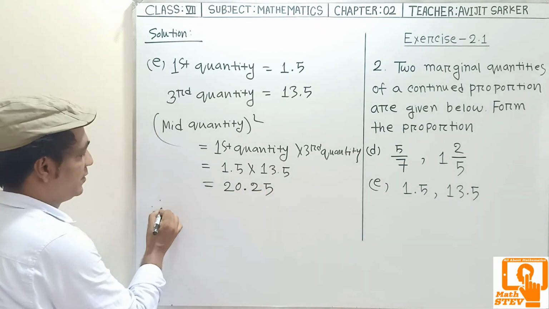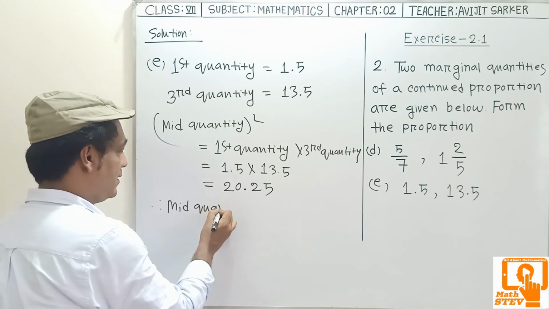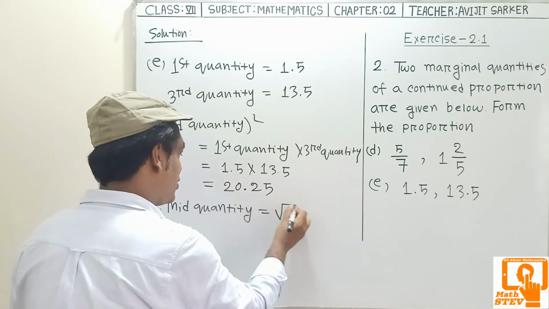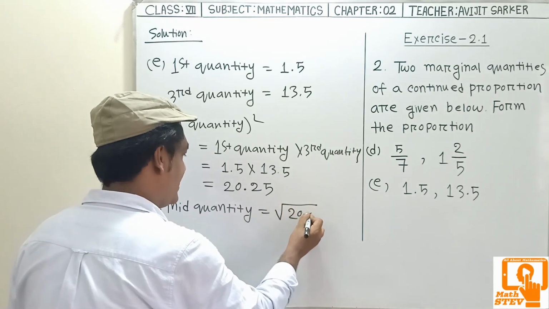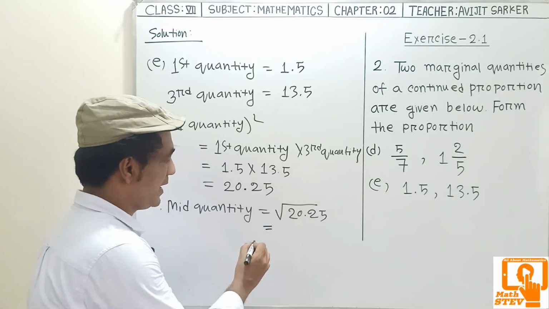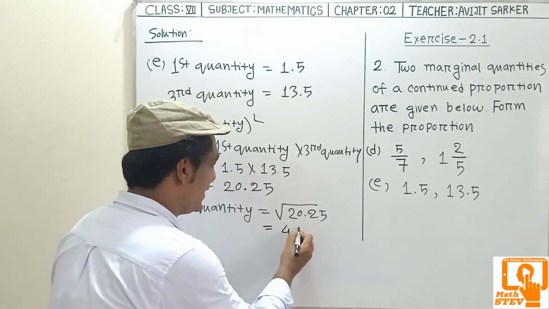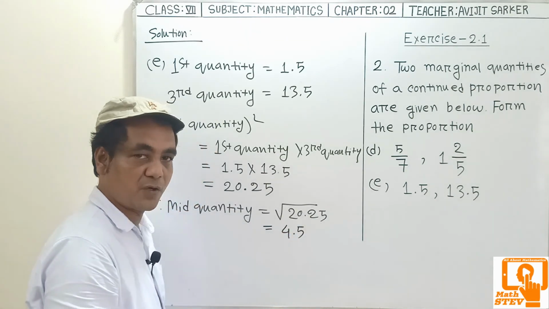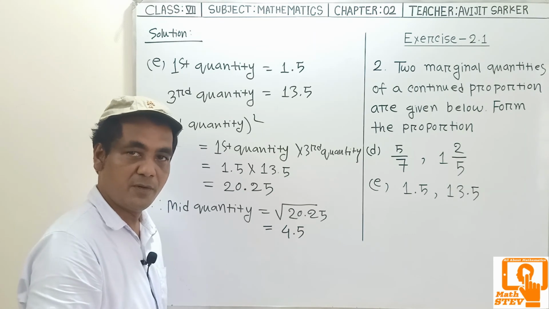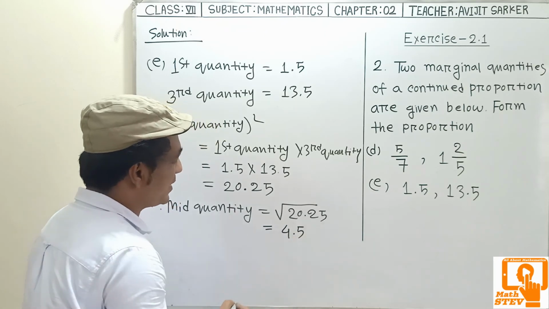Therefore mid quantity equals square root of 20.25, which is 4.5. In chapter 1 we have learned how to find a square root, and by finding the square root of this we get 4.5.